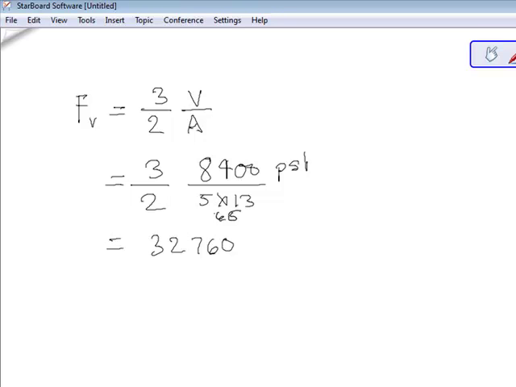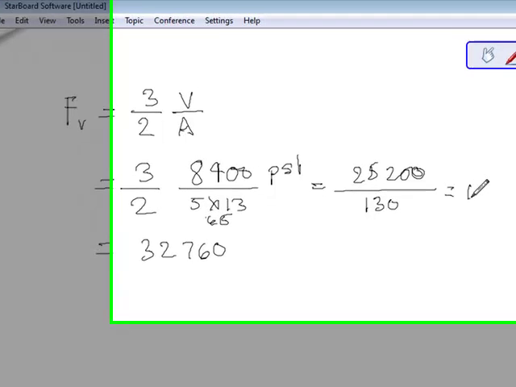Okay, so 3 times 8,400 is what? 25,200. And then 2 times 65 is what? 130. So then what's 25,200 divided by 130? 193.84. That's better.